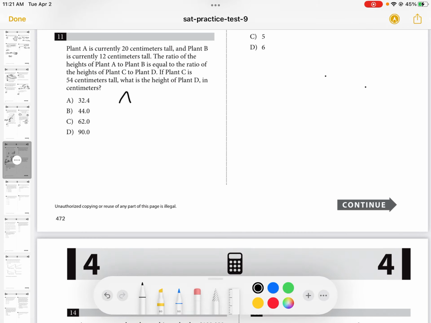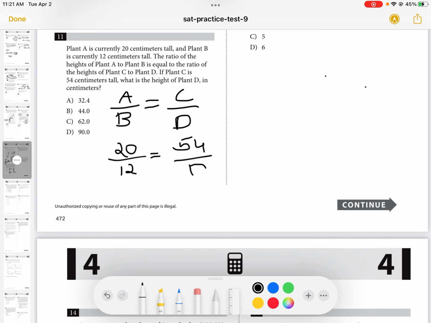Okay, so we know the ratio of A to B is equal to the ratio of plant C to D, because that's what the problem tells us in the second sentence. And we know A is 20 centimeters, B is 12 centimeters, and C is 54 centimeters. We just need to find D.